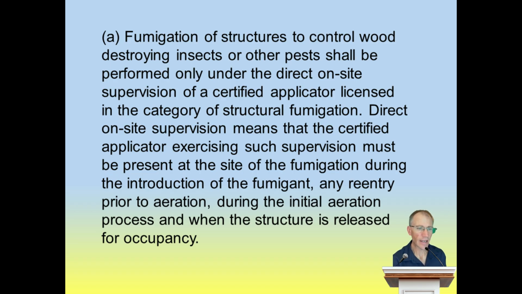Direct on-site supervision means that the certified applicator exercising such supervision must be present at the site of the fumigation during the introduction of the fumigant, any re-entry prior to aeration, during the initial aeration process, and when the structure is released for occupancy.